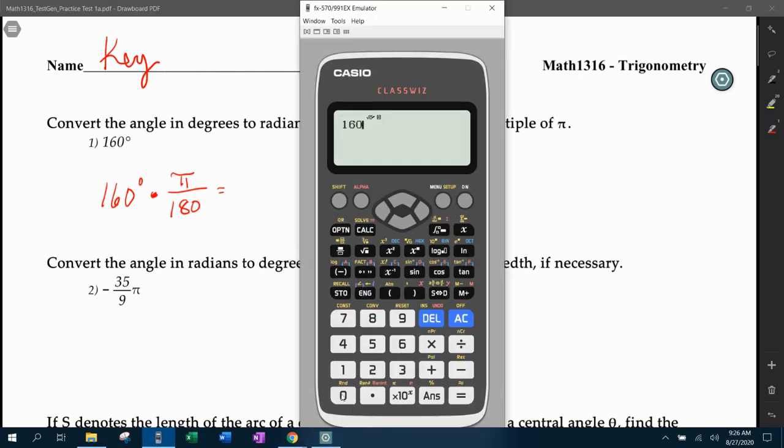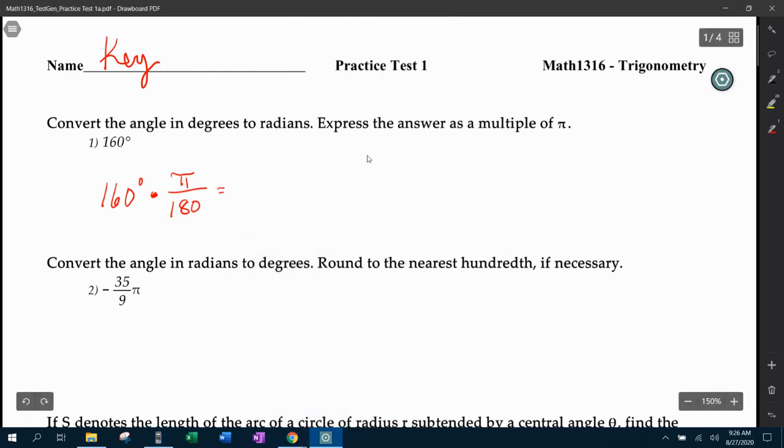So we're going to type in 160 times, and then as a fraction, pi over 180. And notice with this calculator, it gives the correct answer in terms of pi, 8/9 pi, which is the way they want it.